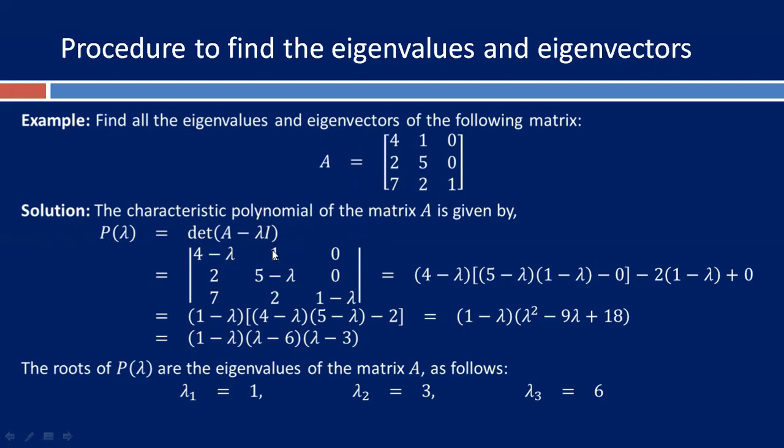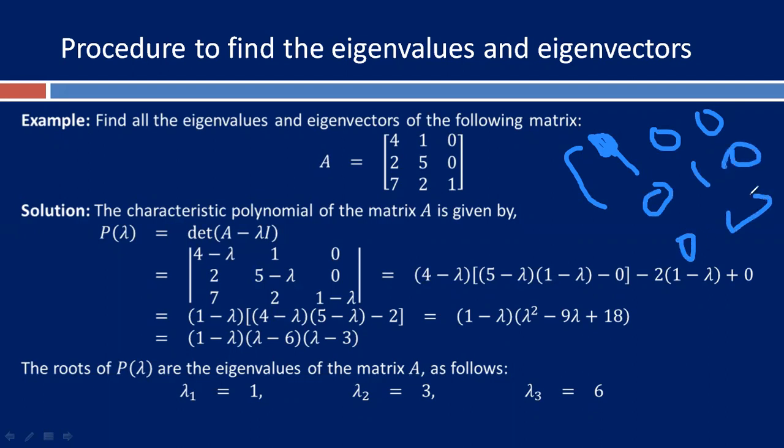I is the identity matrix, and the identity matrix of 3 cross 3 is 1 0 0, 0 1 0, 0 0 1. This is our identity matrix of 3 cross 3.